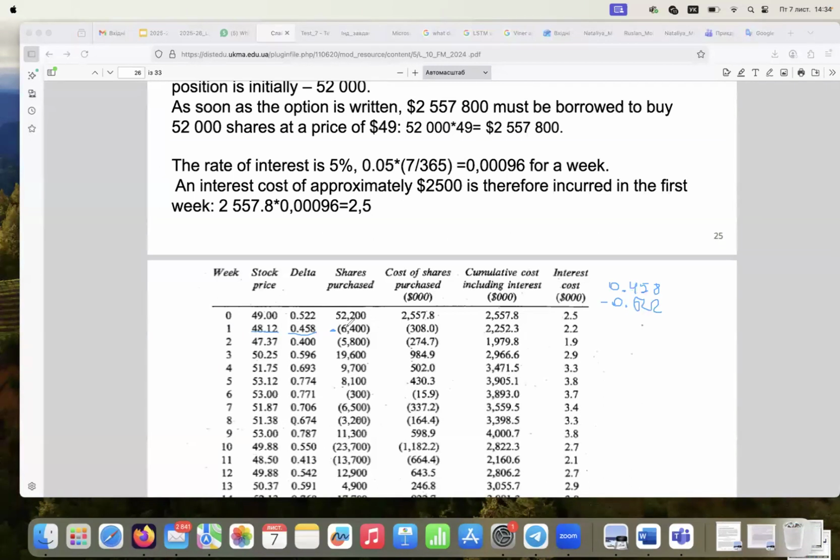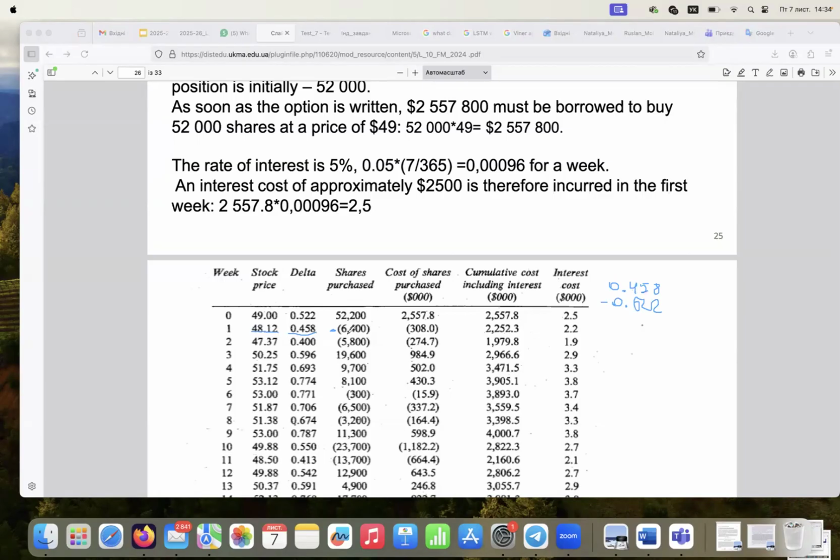If we have something with minus, it means that we need to sell it. So on the previous week, you remember, we bought this amount of shares, but now when the stock price drops, we need to sell, but not all these shares, only part of these shares.